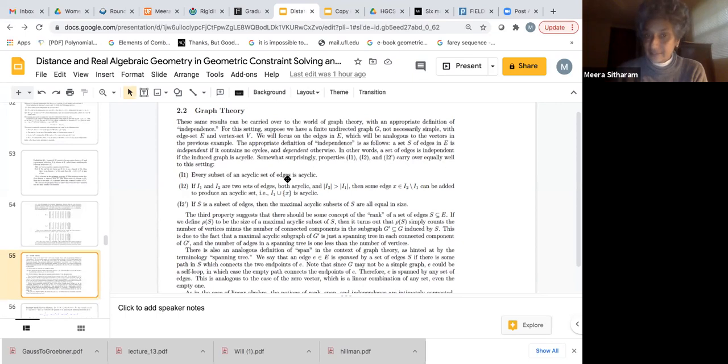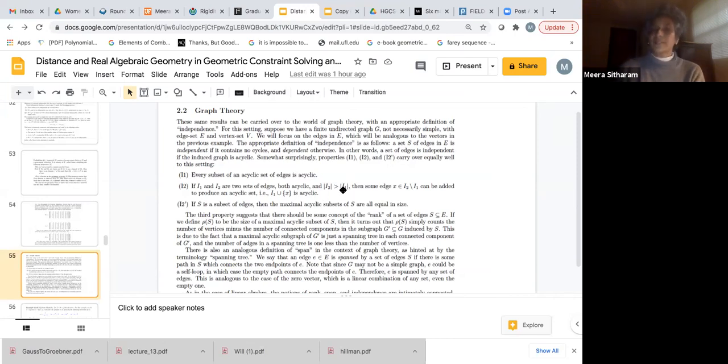Every subset of an acyclic set is acyclic. And if you have 2 edge sets that are both acyclic and one is bigger than the other, then you should be able to find an element of the bigger one that you can add to the first one to produce a slightly larger acyclic set, right? Why is this the case? Because if you have 2 acyclic sets, and one of them is bigger than the other, it is possible that they are on the same set of vertices.